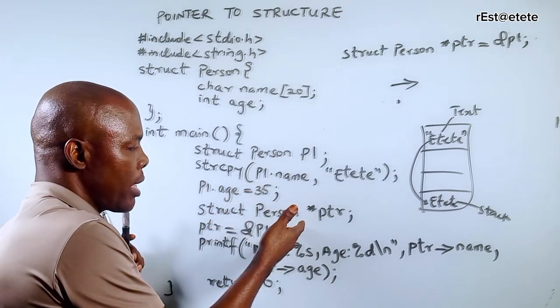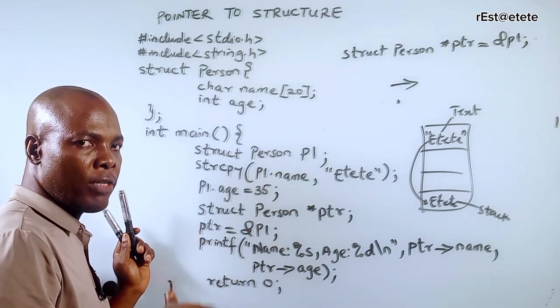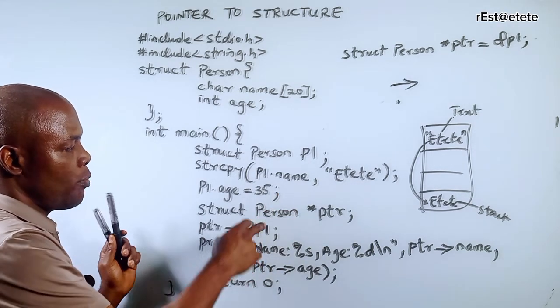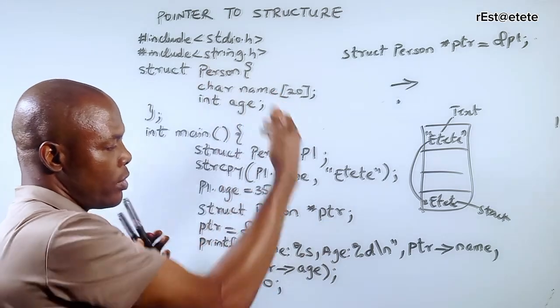Then it will create a pointer. And what is a pointer? A variable that holds the address of another variable. So you supply the address of p1 to it. Then I'm using this pointer to access the various elements.